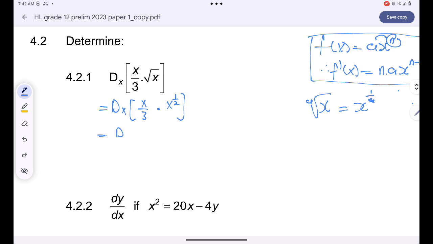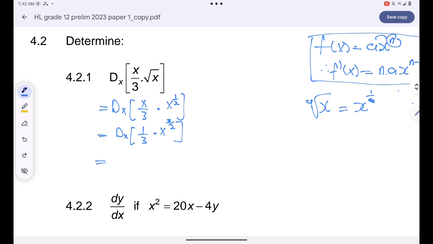Okay, and then if I'm multiplying bases that are the same, I can simply take one base and then add exponents. Now, I have 1 plus 1 over 2, that will just give me 3 over 2, all over 3. Or this thing can be rewritten as 1 over 3 multiplied by x to the power 3 over 2.